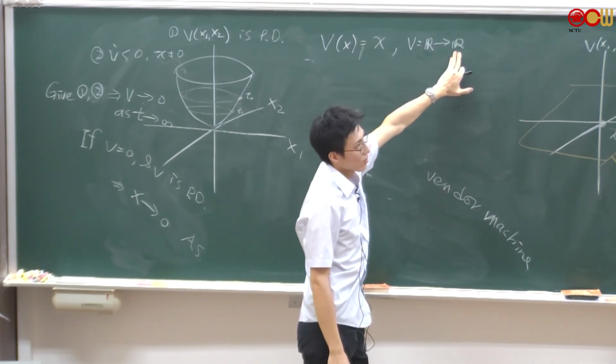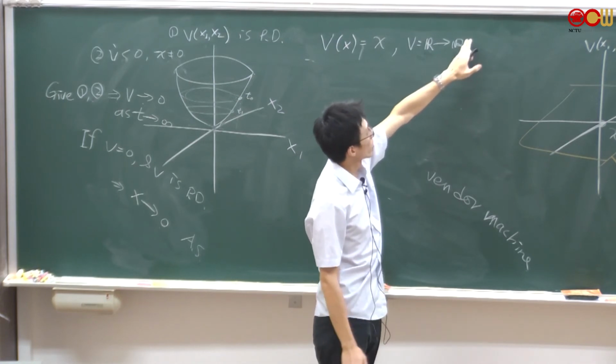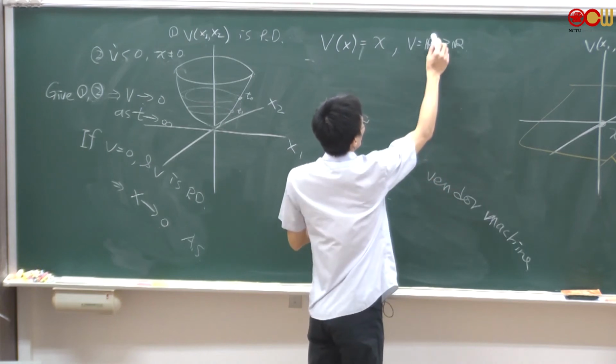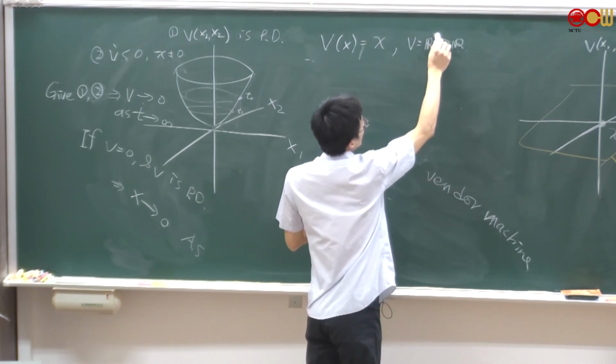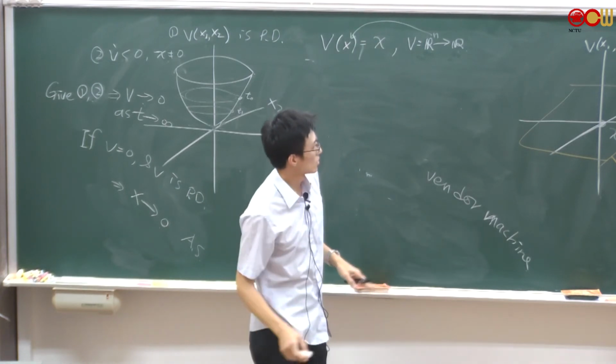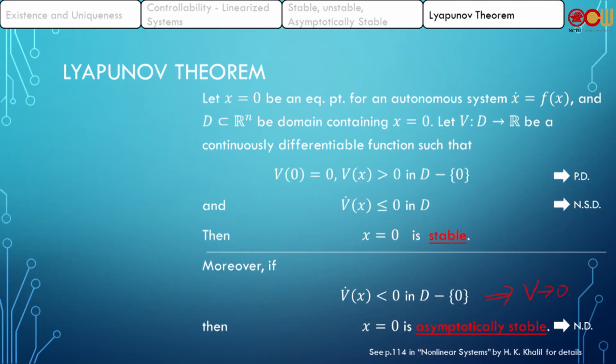For the overall function, it's a value function, so this one has to be one dimension, okay? But the input could be R1, R2 to Rn in general, depending on what the dimension of x is. In this case, it's D, right? Because D is your state.